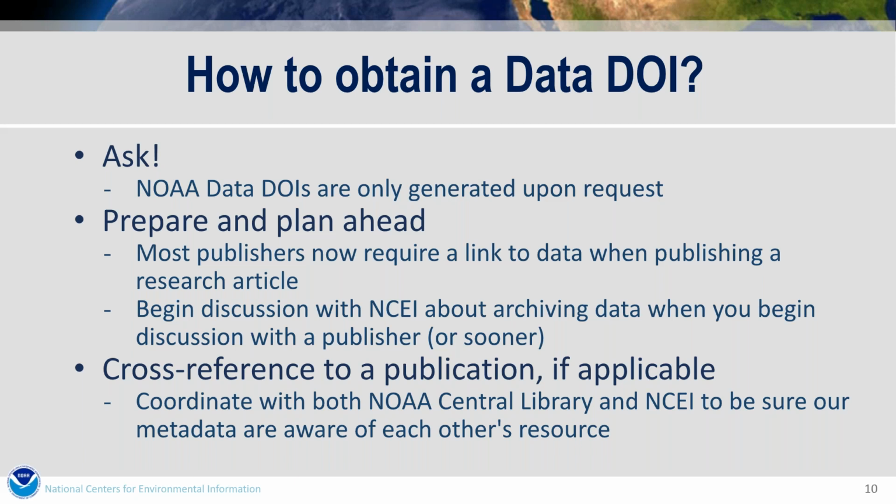There's a comment field at the end, and many times data providers will say, we'd like to get a DOI for these data if accepted by NCEI, or some kind of statement to that effect, that alerts us that this is data that we want to be sure gets a DOI if we do indeed archive those data.